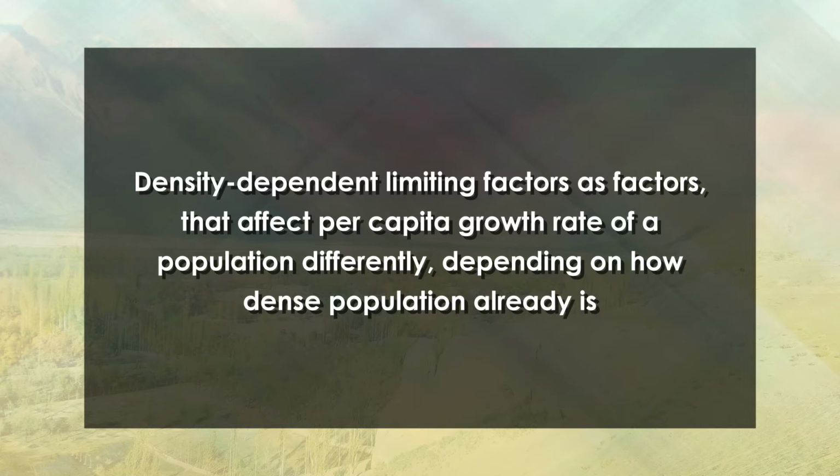In general, we define density dependent limiting factors as factors that affect the per capita growth rate of a population differently, depending on how dense the population already is. Most density dependent factors make the per capita growth rate go down as the population increases.